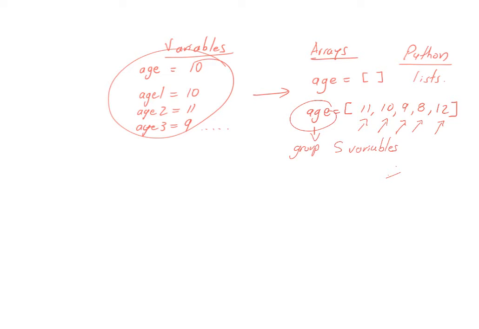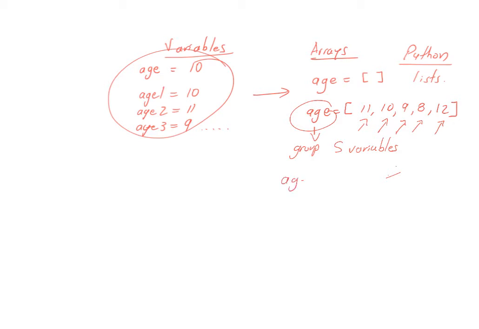And this group is of type integer in this case. So we have 5 different integer numbers that are stored in one variable, and we can access and manipulate those variables just with one called age.